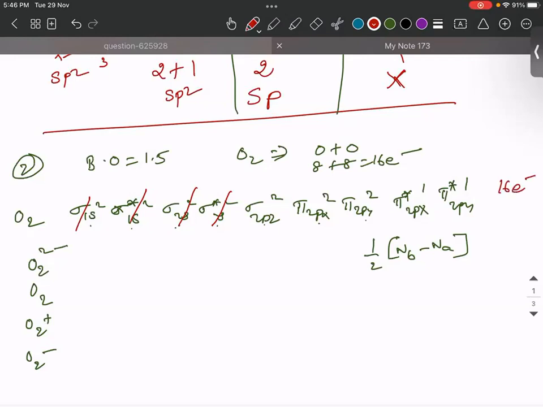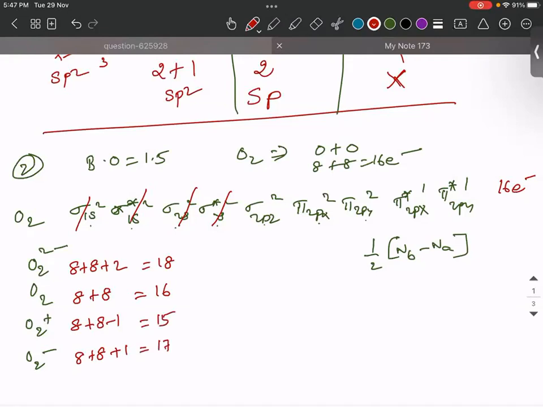Okay. So first you calculate how many electrons: 8 plus 8 plus 2, 8 plus 8 minus 1, 8 plus 8 plus 1. So here 18 electrons, here 16 electrons, here 15 electrons, here 17 electrons.